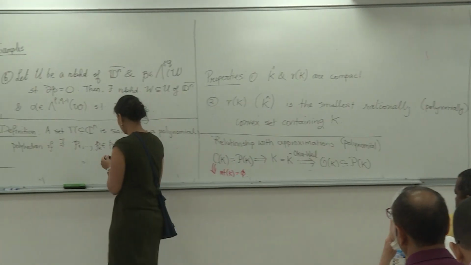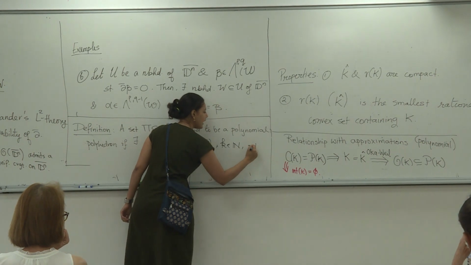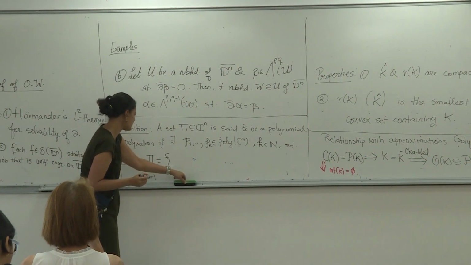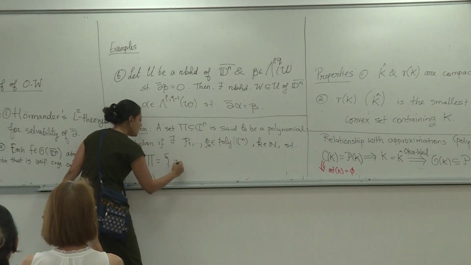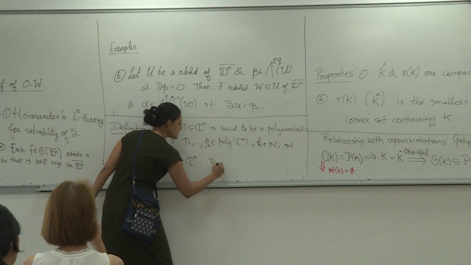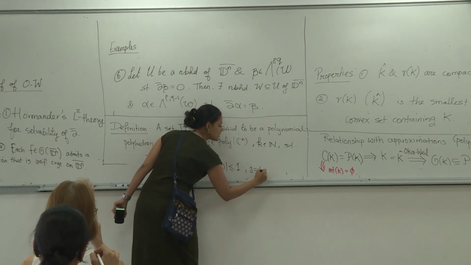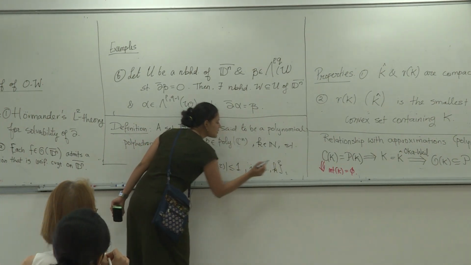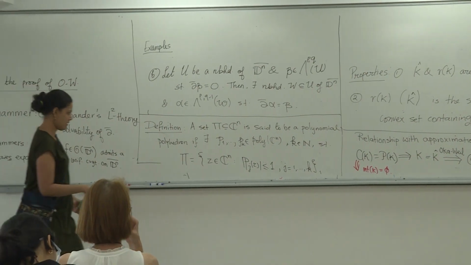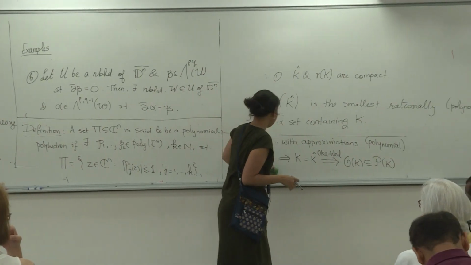Okay. So yes, k is some finite number such that pi is carved out of these polynomials. How is it carved out of these polynomials? You only consider those z's in Cn where all of these in absolute value are less than or equal to 1. So this is for all j from 1 to k. So it's carved out by k inequalities, where k is some finite positive integer.